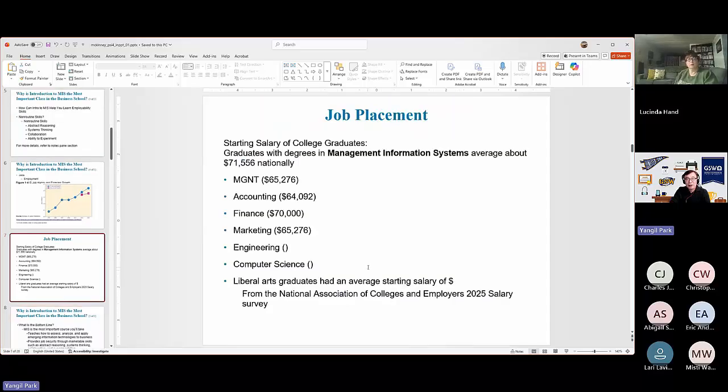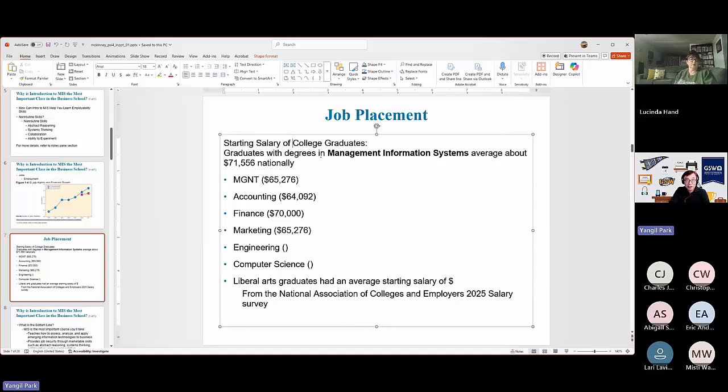And another perspective, in terms of MIS related, is job placement. So for information related jobs, I think this is what they're talking about: starting salary of college graduates.